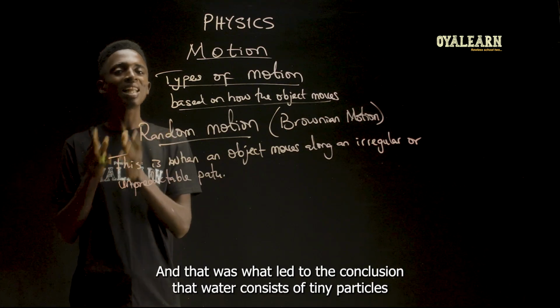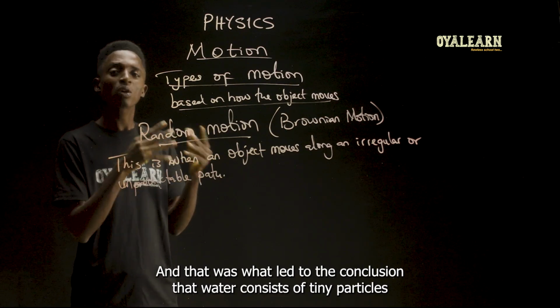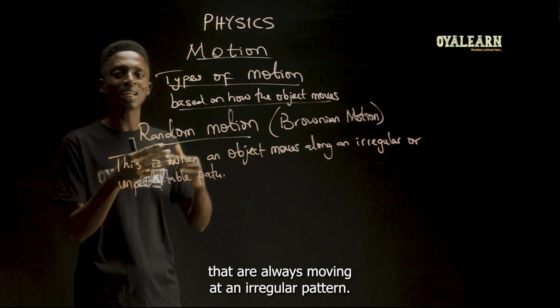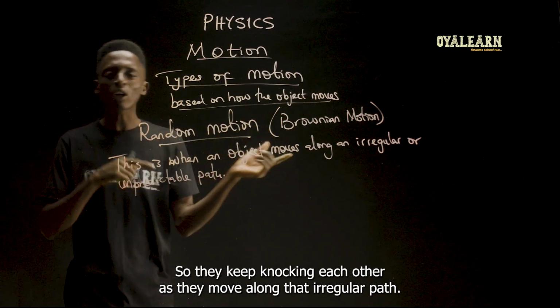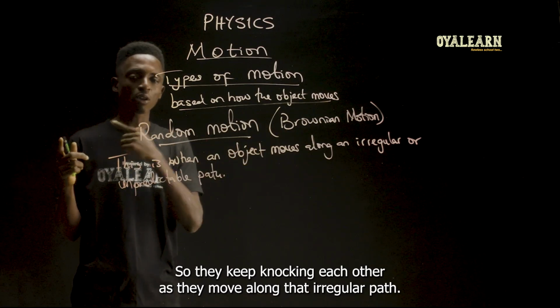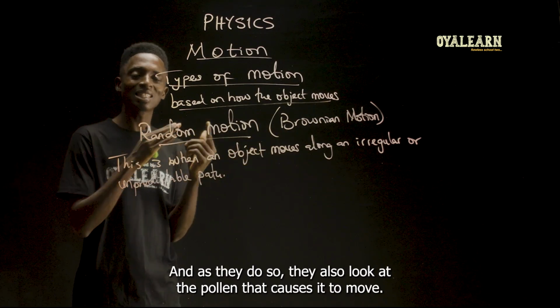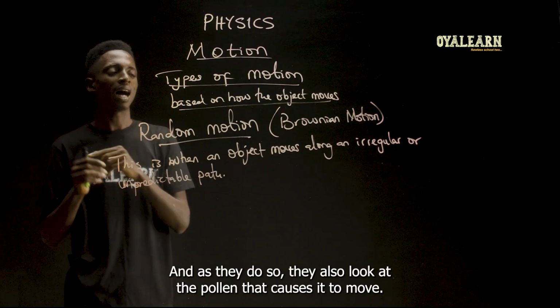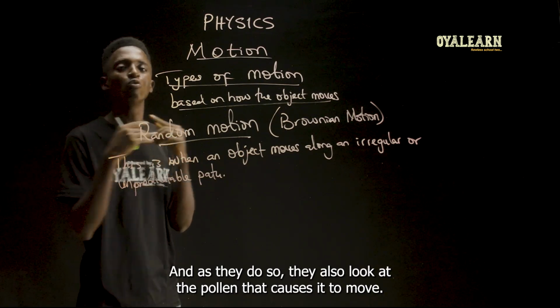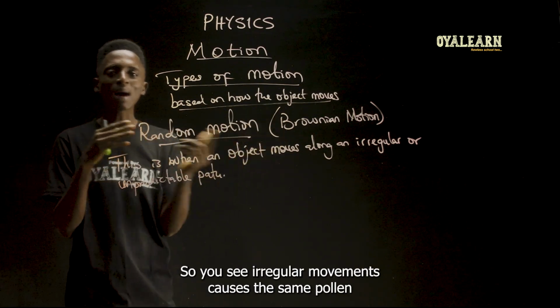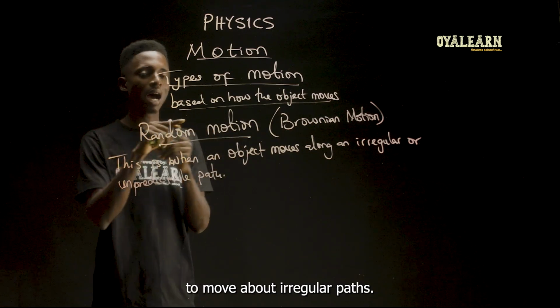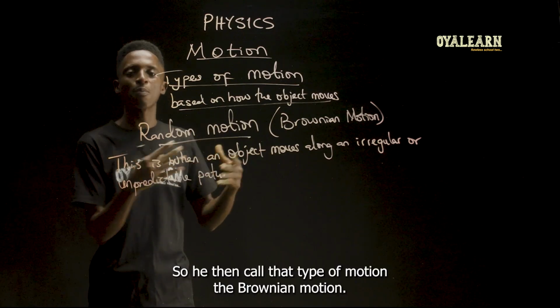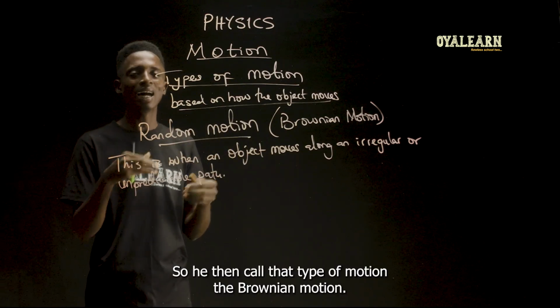And that was what led to the conclusion that water consists of tiny particles that are always moving in an irregular pattern. So they keep knocking each other as they move along that irregular path. And as they do so, they also knock the pollen and cause it to move. So you see, irregular movement causes the same pollen to move about irregular paths. So he then called that type of motion the Brownian motion.